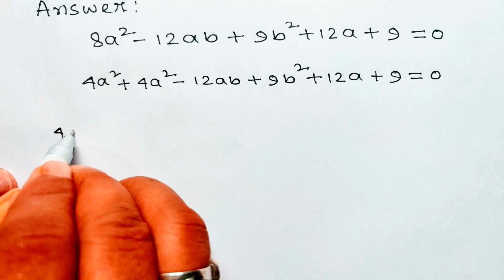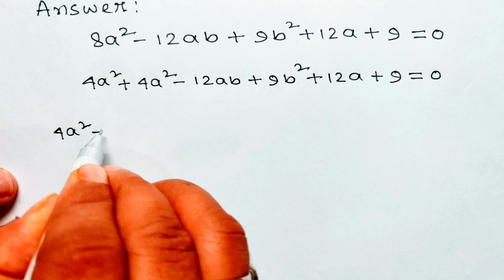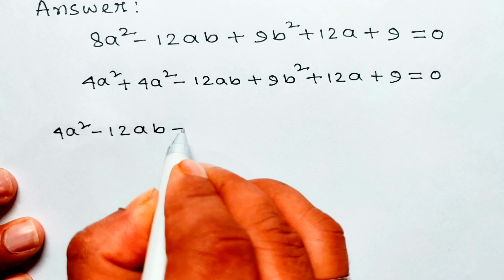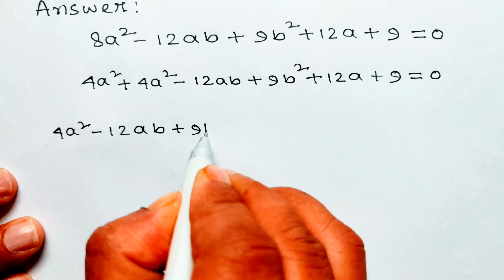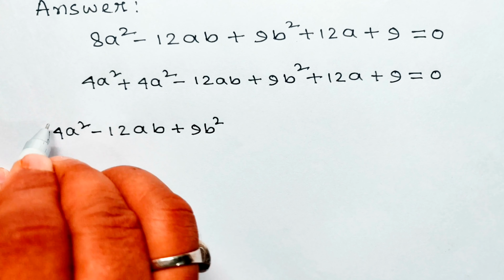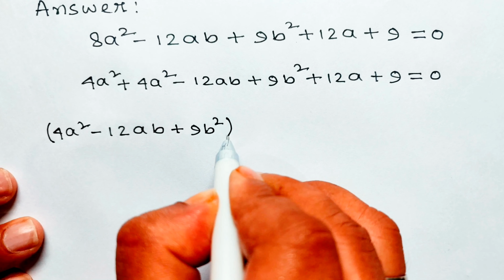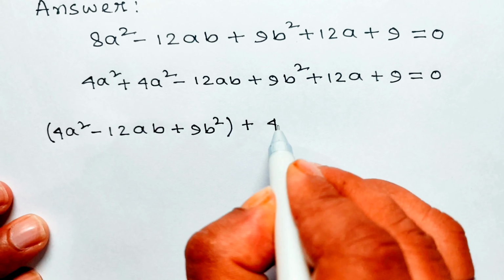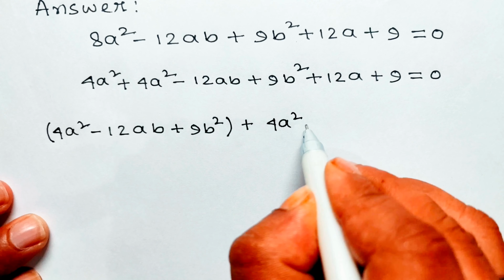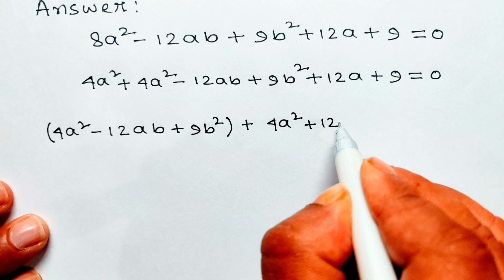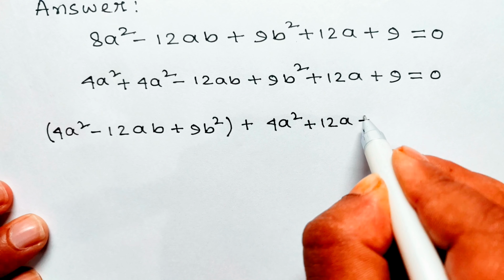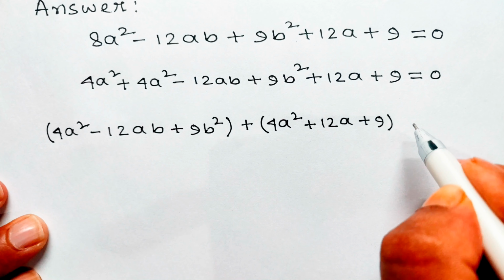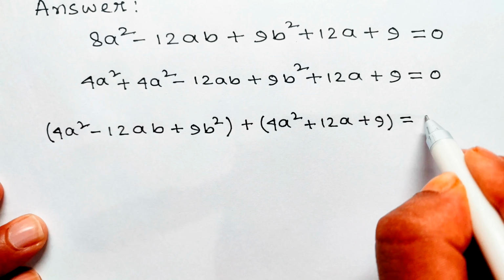Then 4a² − 12ab + 9b² + 4a² + 12a + 9 = 0.